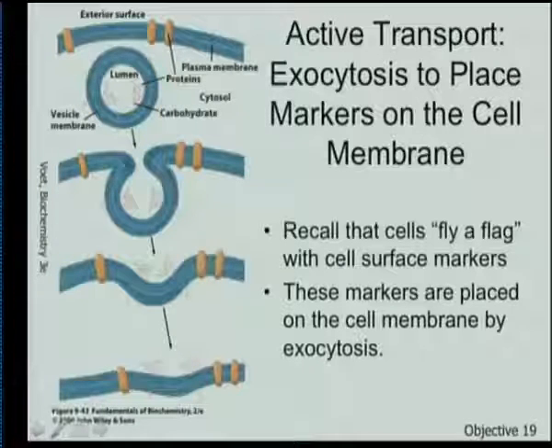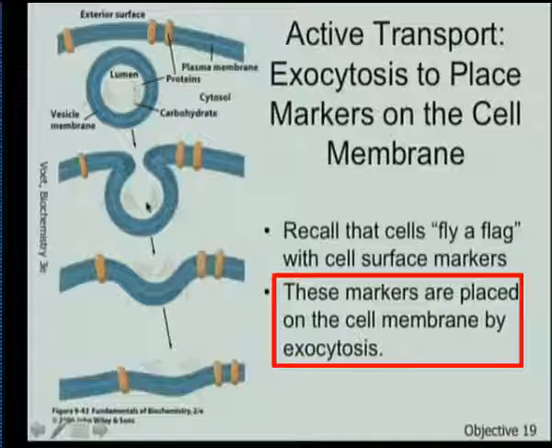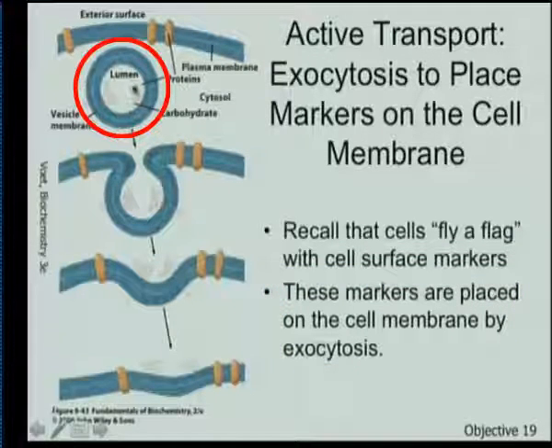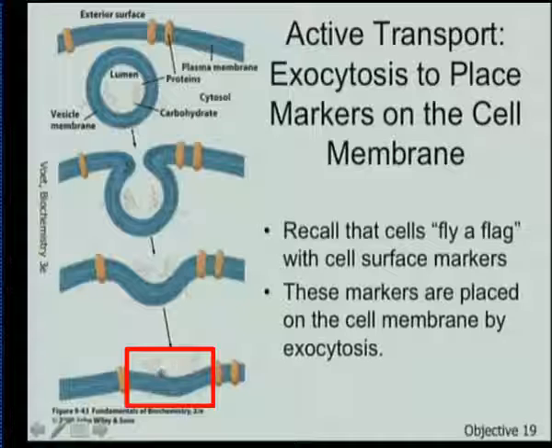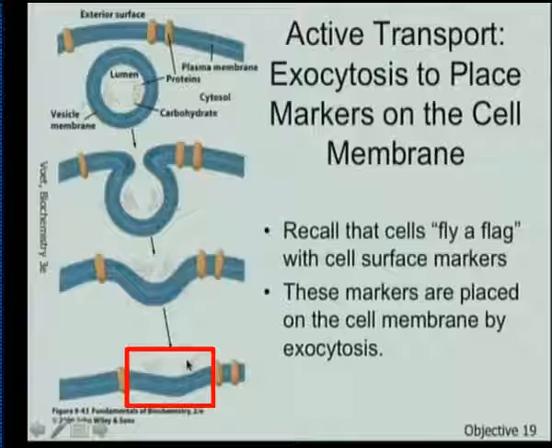So here a substance is moved outside the cell, but it doesn't actually leave. So here within the vesicle we have, for example, glycoproteins that then merge with the cell membrane, and so now they're sitting on the outside of the cell and serving as identity markers or little flags that tell our immune system, okay, this is me, okay, don't get rid of me, and serves that purpose.